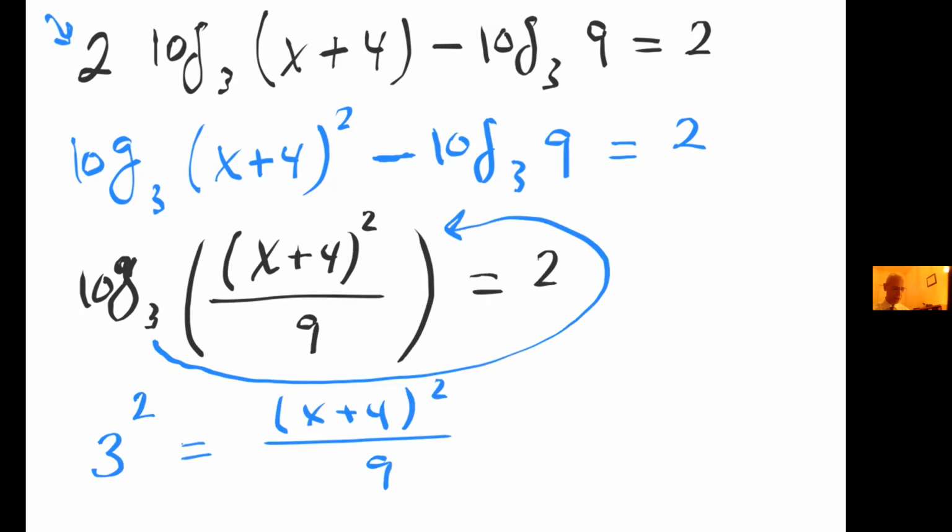So 3 squared actually is 9. So let me go ahead and go to the next page and rewrite this as 9 equals (x + 4) to the second power, and that was divided by 9.